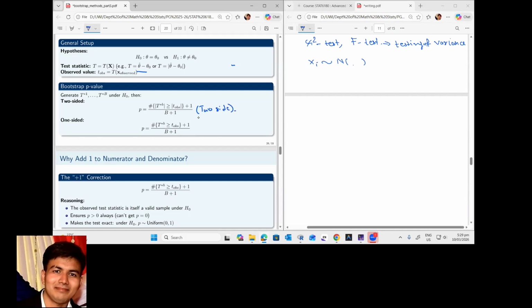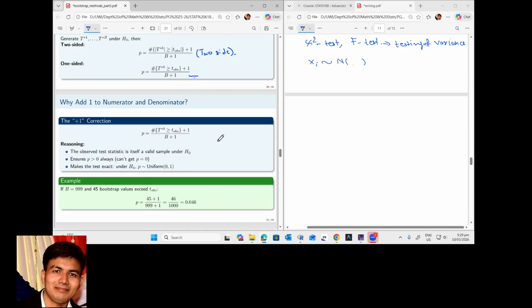And for the one-sided, we remove the absolute sign, and it will be p equals the count of T star b greater than or equal to T observed, plus 1, divided by B plus 1. Here we are adding 1 to the numerator and the denominator. What is the reason behind it?